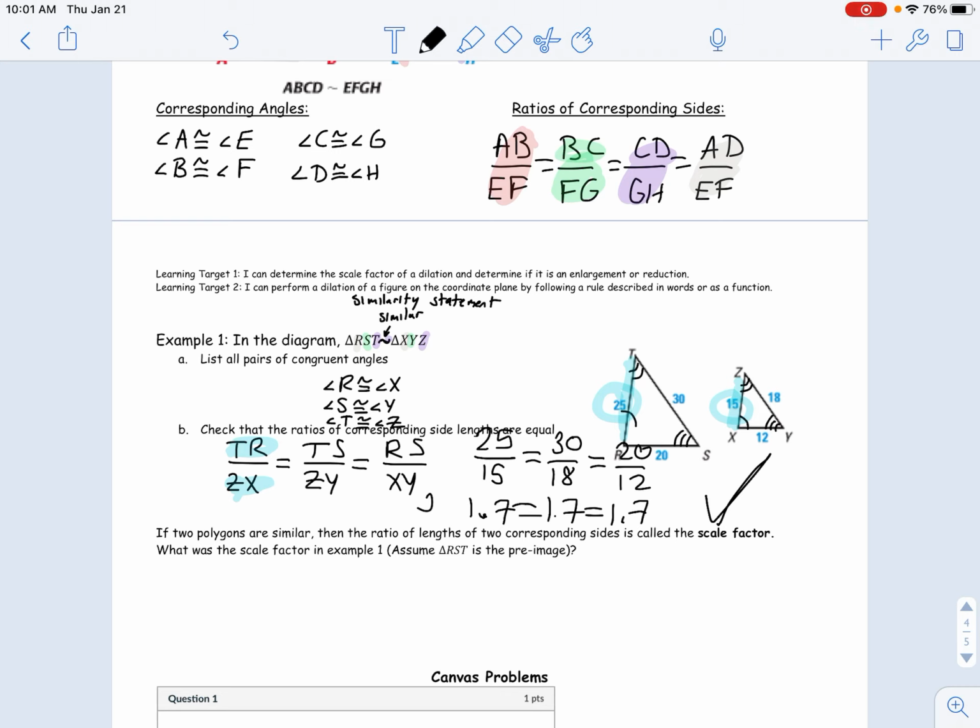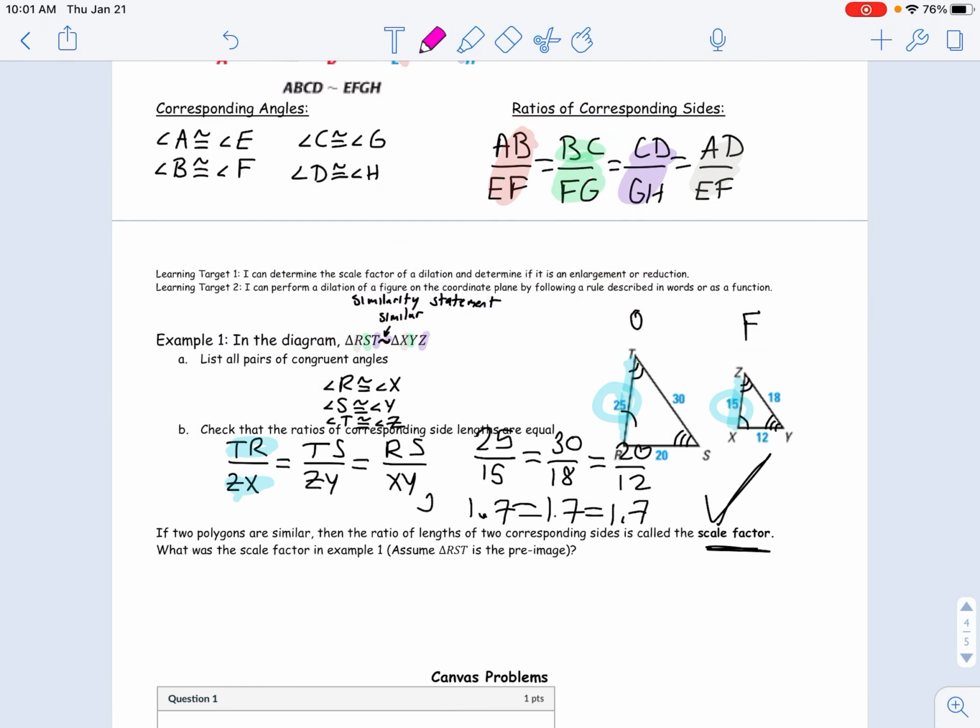Now, last thing before I cut you loose: if two polygons are similar, then the ratio of two corresponding side lengths is the scale factor. What is the scale factor in example 1? RST is the pre-image, the original. This is the final. Since RST is the pre-image, we're just going to pick any side length.